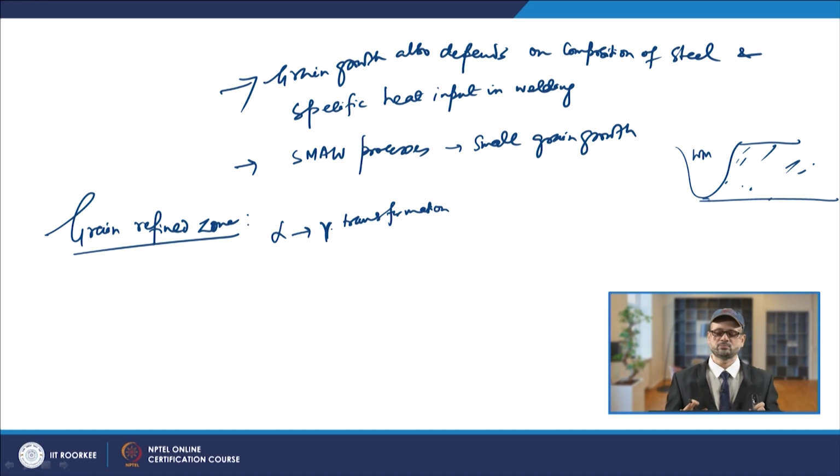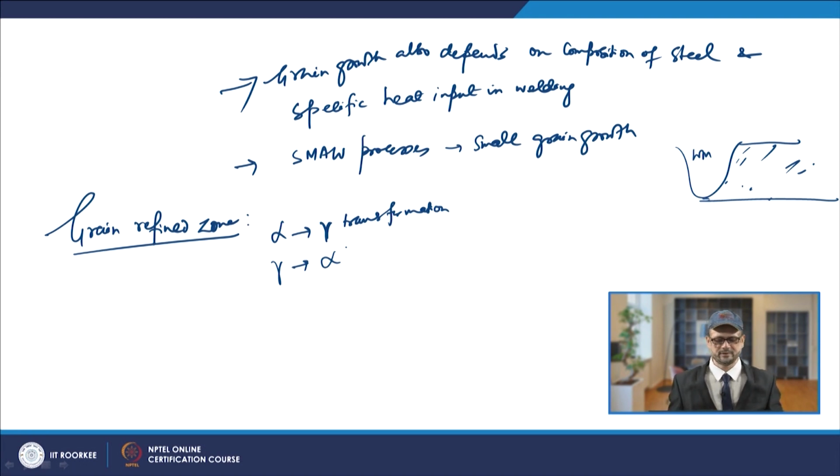All the carbides which are there are not completely dissolved, because the retention time is very small in the case of welding. Then, when you go from gamma to alpha transformation, you will have the fine grained ferrite pearlite structure formed in these cases.